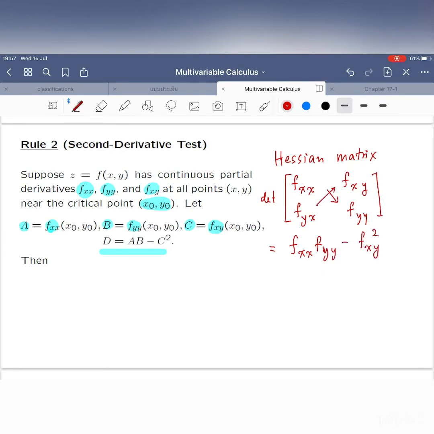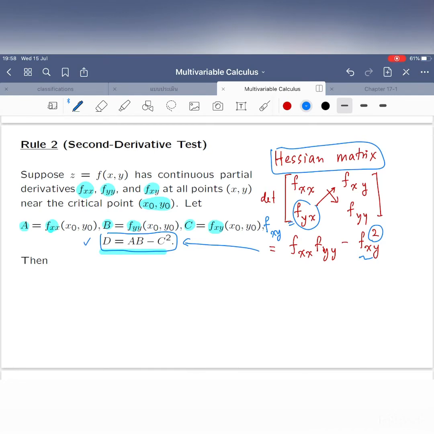However, because usually f of yx and f of xy are the same, it will contribute a square right here. So this one is actually your determinant of the Hessian matrix. But if you don't want to connect it with your Hessian matrix, it's okay, you can just look at d equals ab minus c squared.